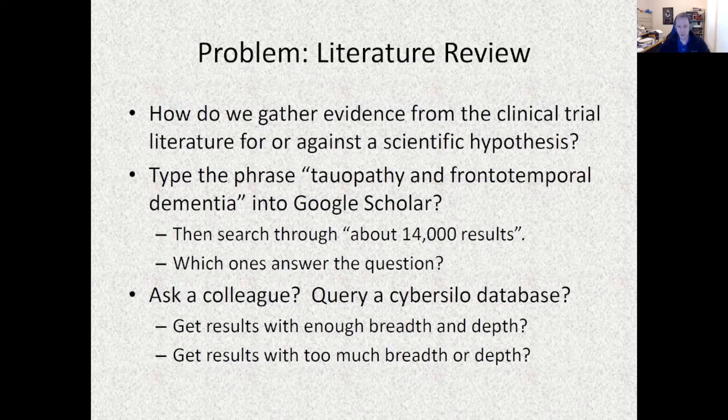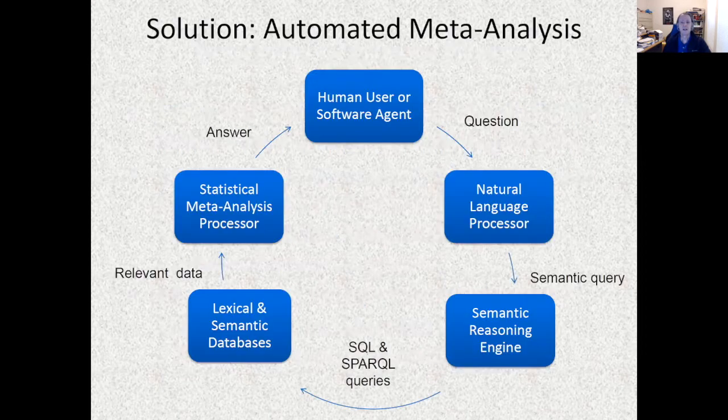So then what do you do? Discuss a situation with your colleague, query a cyber silo database. And when you do so, what do you get back from that cyber silo? Do you get results with enough breadth and depth, or do you get results with too much breadth or depth? And how do you even know?